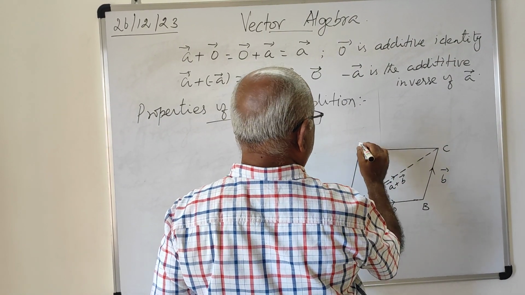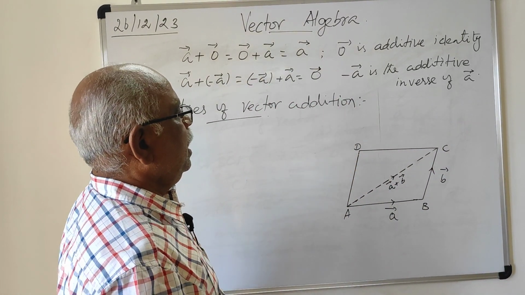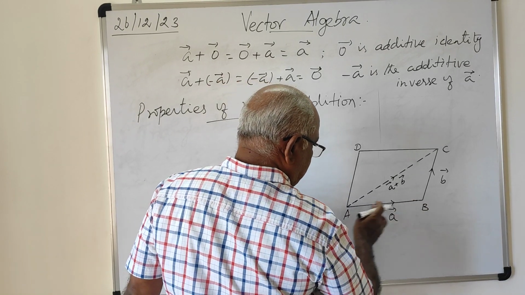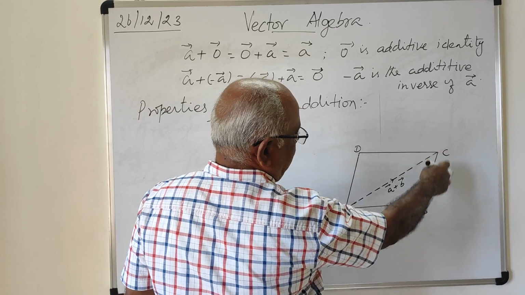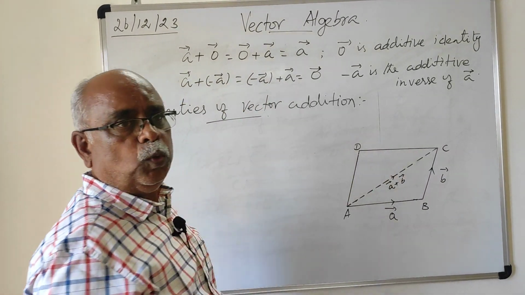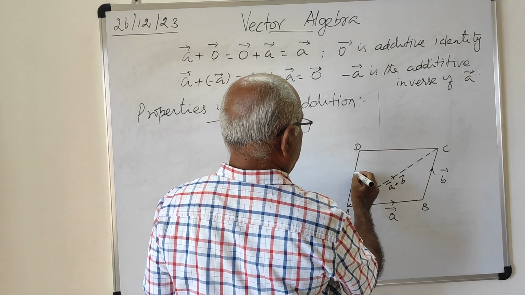if you complete a parallelogram ABCD, A vector is acting along the line AB and B vector is the side BC. In a parallelogram, you know the property that opposite sides are parallel and equal.